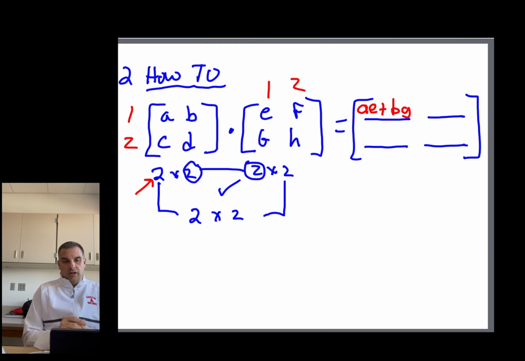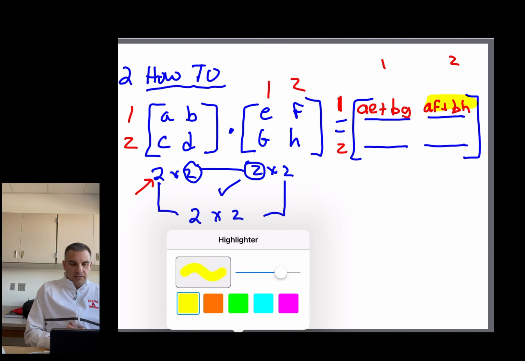So how do we get what goes in this second element here? Well, if you think about it, we're still in row 1. This is row 2. This is column 1. This is column 2. So that right there is in row 1, column 2. So that means we're going to use the elements from row 1 and column 2. So A and F are in the same spot. So it's going to be AF plus B times H. Now we go down to the next one.